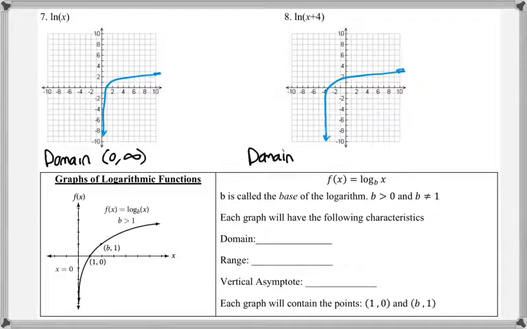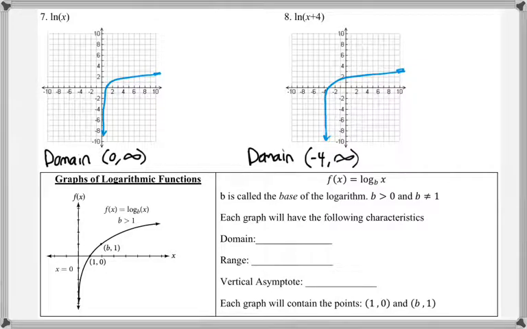So the domain, and again this part won't show up on your calculator, but you have to know to put it there yourself. So the domain, as you go to the left, it's going to approach -4, but it's never going to get past -4. And as you go to the right, it's going to go forever, so to infinity.